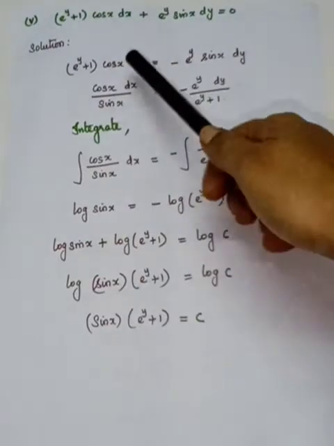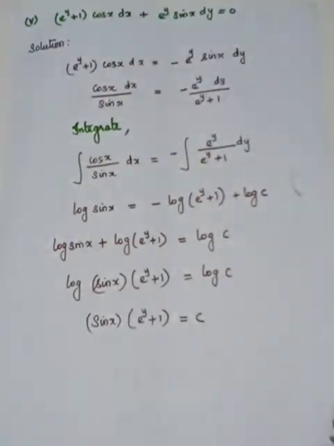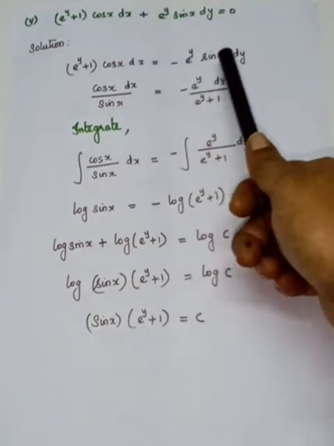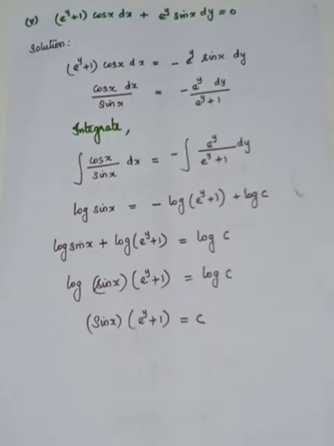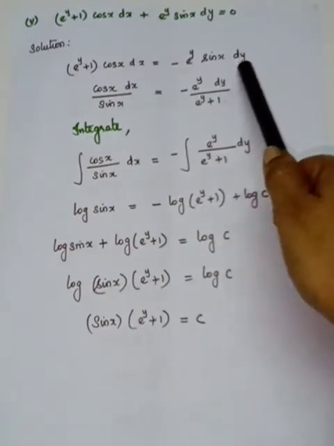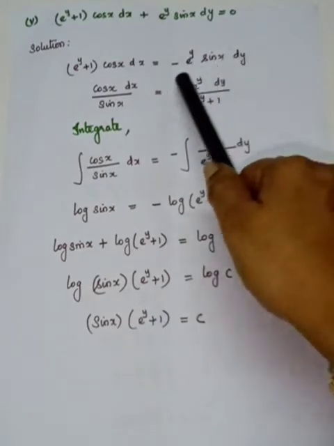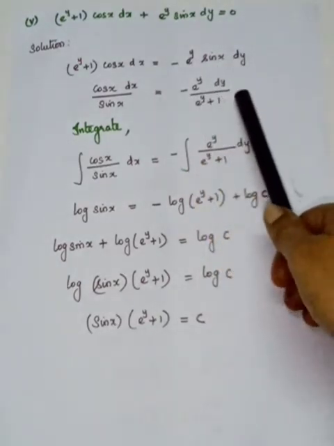So fifth subdivision, e power y plus 1 into cos x dx plus e power y sin x dy is equal to 0. Okay, so bring this term to the other side. Here you have to group the terms of y and the x term separately. Here dy is in the numerator, so we have to bring the y term to the right side and the x term to the left side.